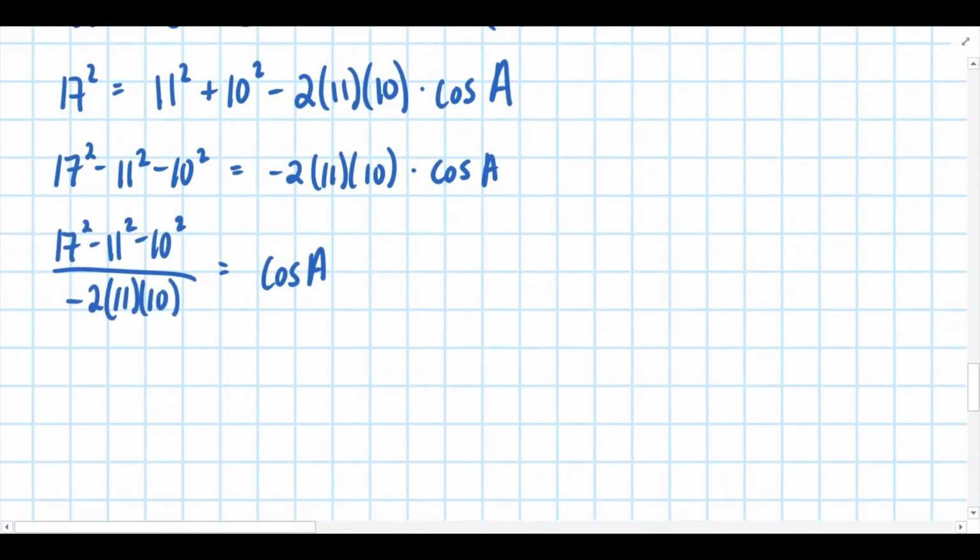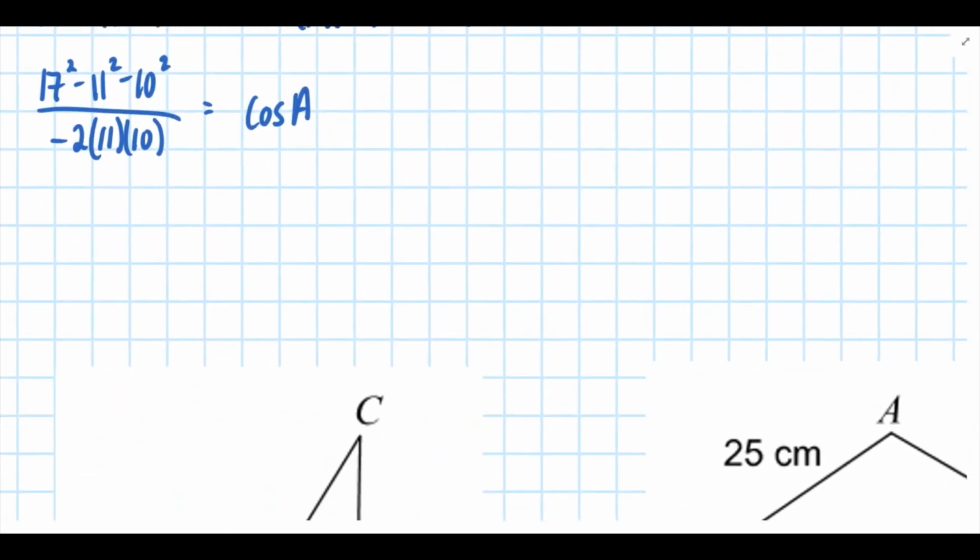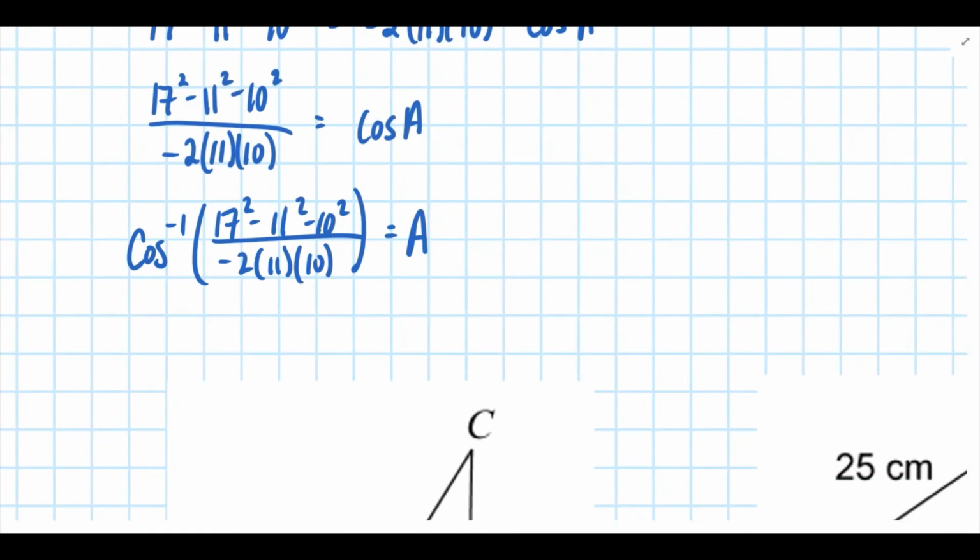Finally, I will use arc cosine to evaluate for the missing angle measure A. It is helpful that I am using a calculator that displays this entire expression all at once, but it is entirely possible to complete this on a plain scientific calculator. Be careful with your use of parentheses and the order of operations, and you will compute the correct answer as well.